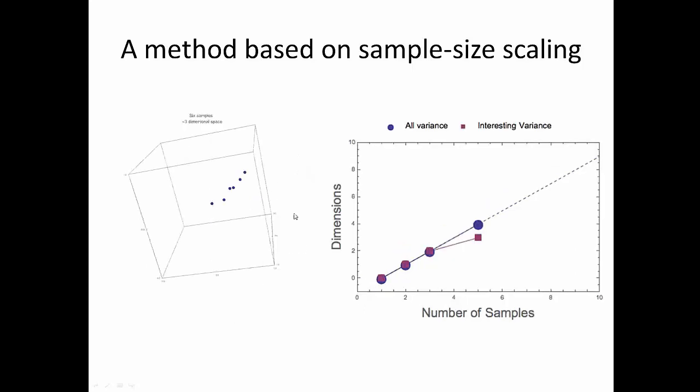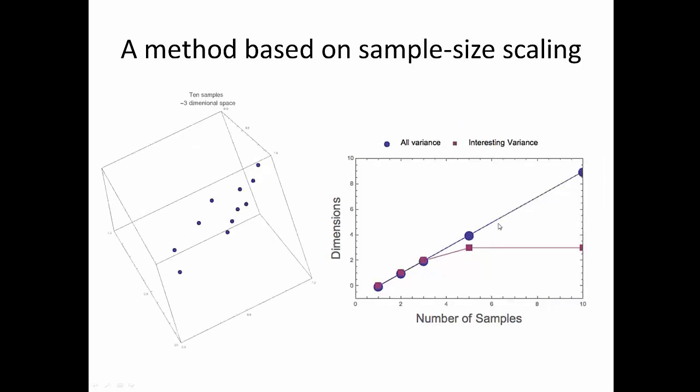Now let's skip ahead to 6 samples. If these 6 samples are spreading out in every possible direction, we're still going to need all the principal components to capture the variation. But if they're actually lying on a lower dimensional manifold, we're only going to need fewer principal components, and you can extend this further.